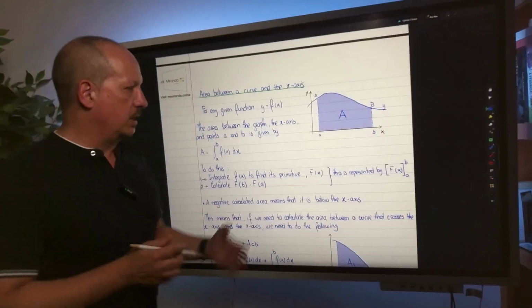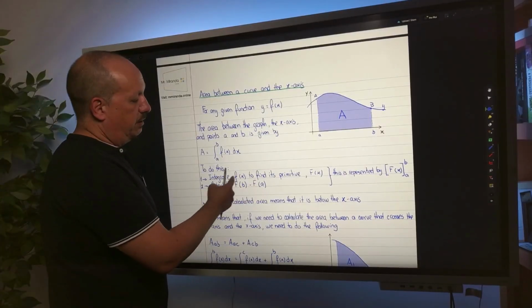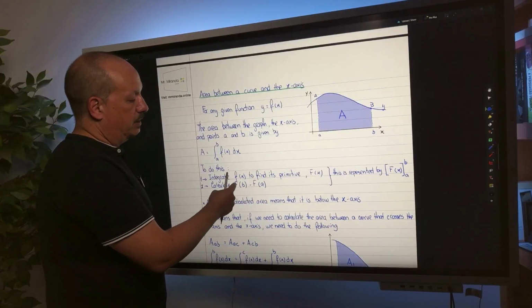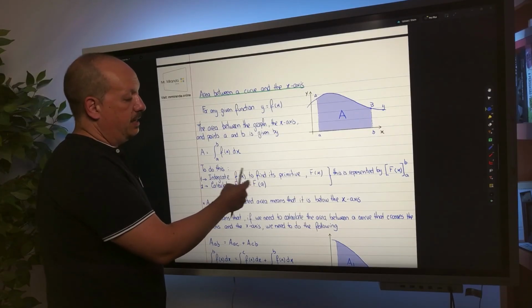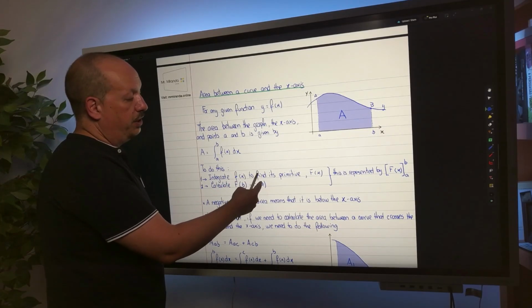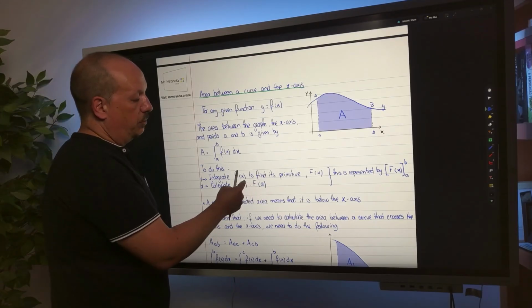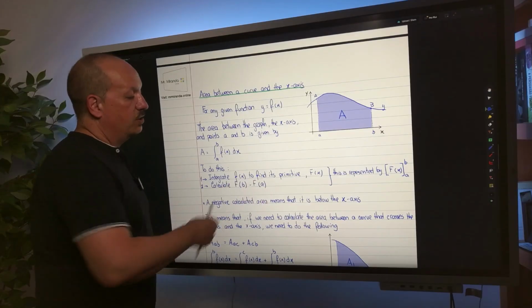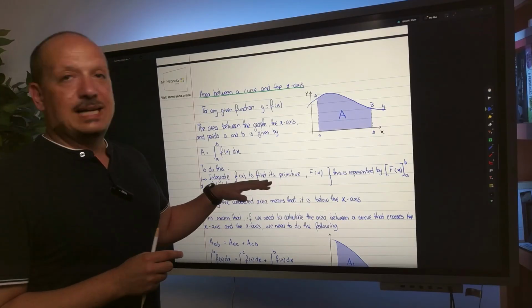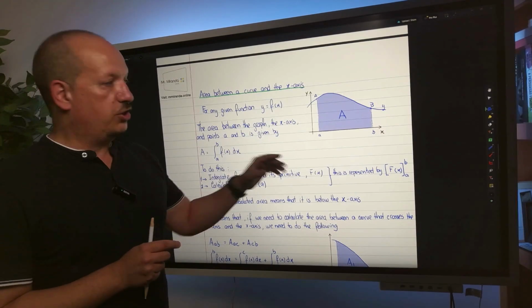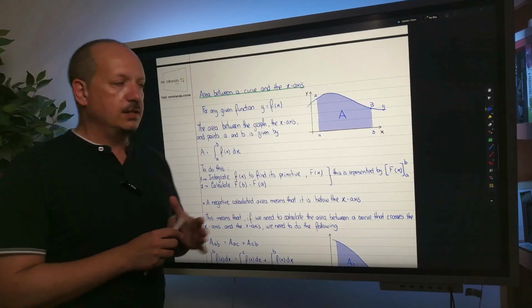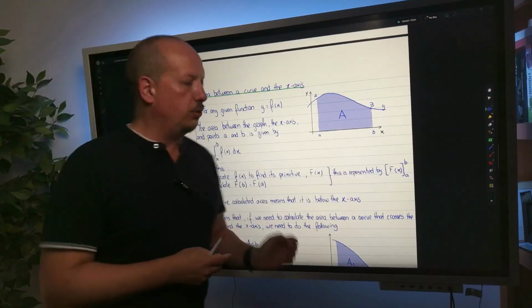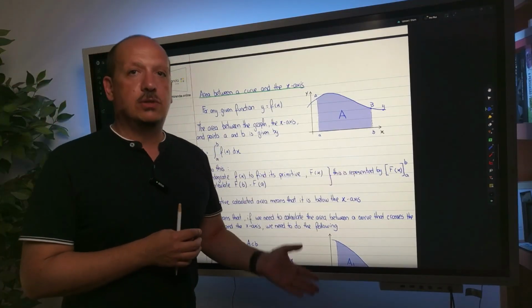There's no problem, because you find the primitive, write plus k, and you get it again over here. This minus subtracts that k, so you have k minus k, and it cuts out. Every time you are integrating with limits of integration, the arbitrary constant is going to cut out, by the nature of what you're doing.